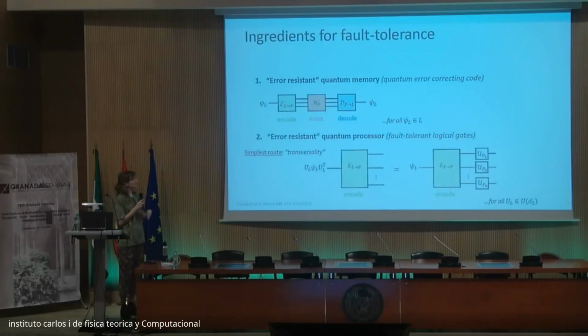If we have a quantum error correcting code, we have a way to store our quantum information, a quantum memory, but we also want a way to process the quantum information that doesn't introduce uncontrollable errors into the system. For this we want a set of fault-tolerant quantum gates, logical gates. The simplest route to achieving this is to have so-called transversal gates.